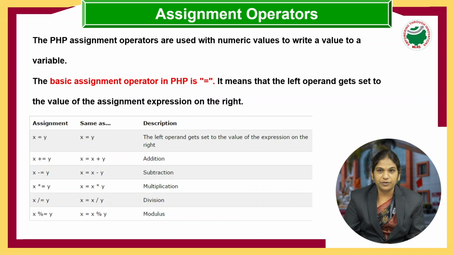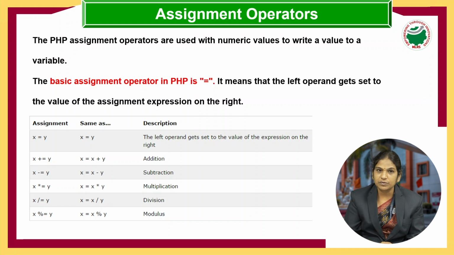We can also use shorthand to represent arithmetic operators in short form with the assignment operator. For example, x plus equal to y is nothing but x equal to x plus y, and x minus equal to y is nothing but x equal to x minus y.